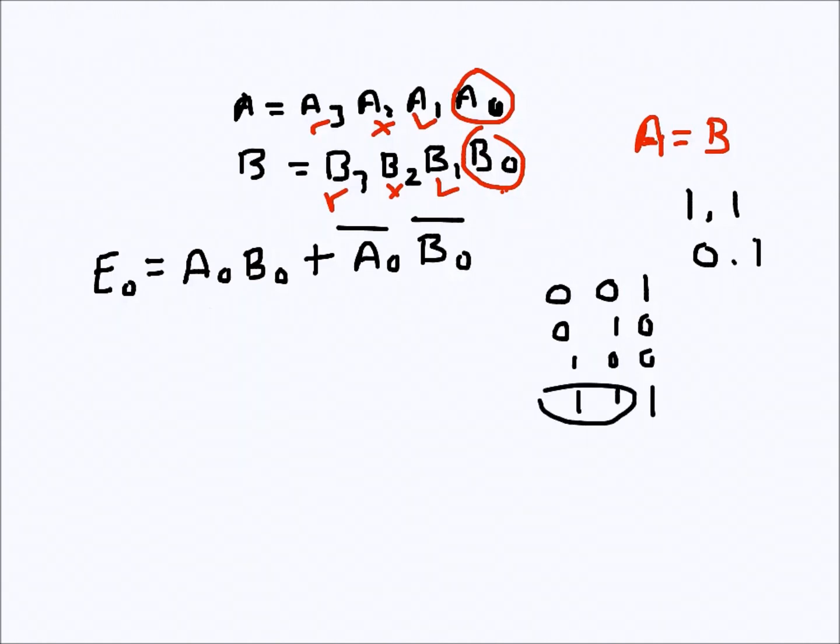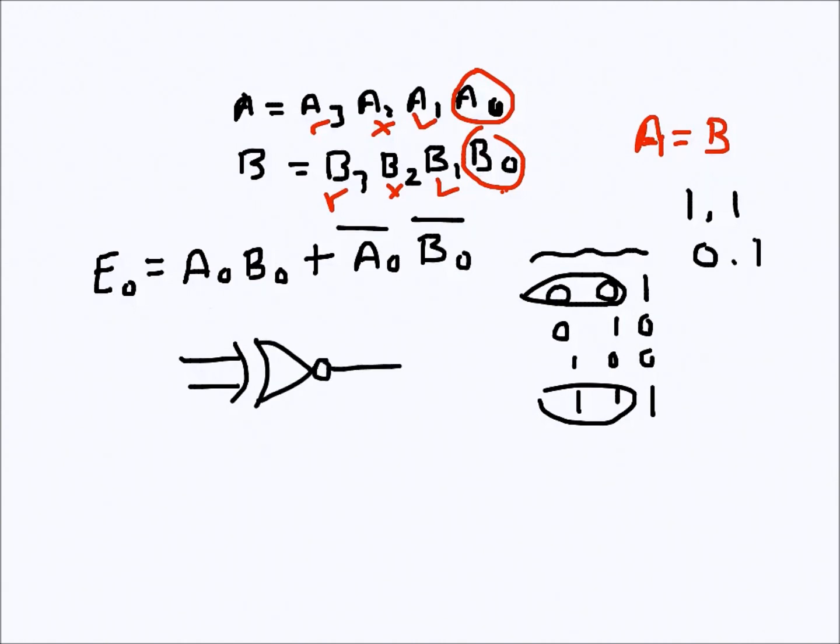If I look at the truth table of this one, it is actually an XNOR gate, sorry, XNOR. XOR is the inverse of that, so XOR would be like that, where when they are not equal the output will be 1. That's the XOR gate. This is an XNOR gate.